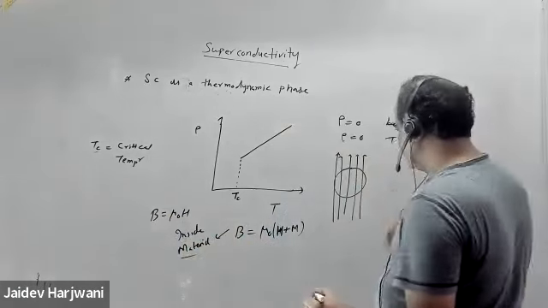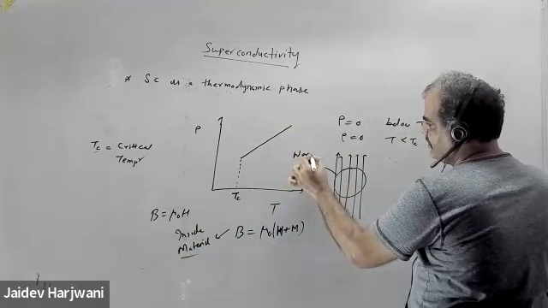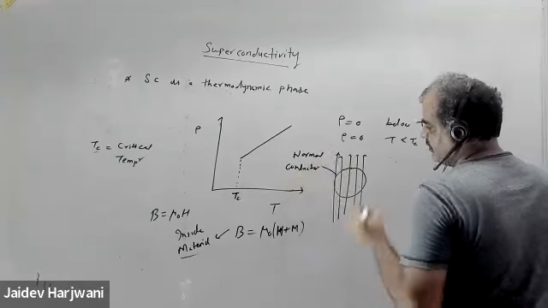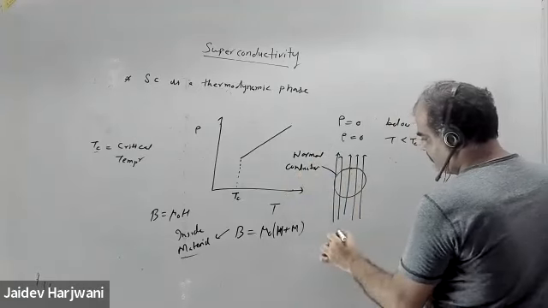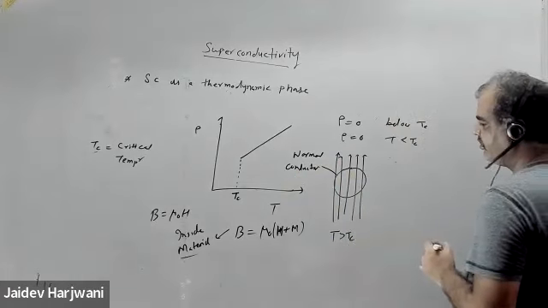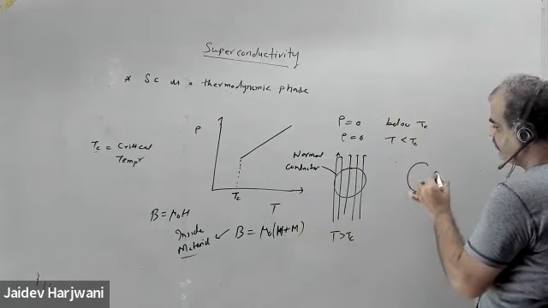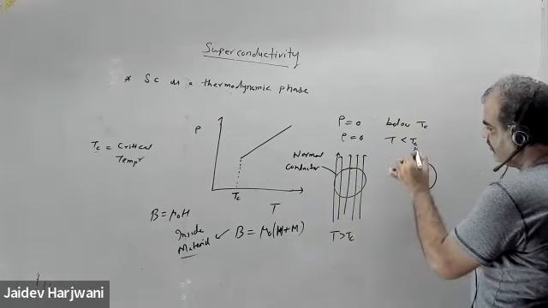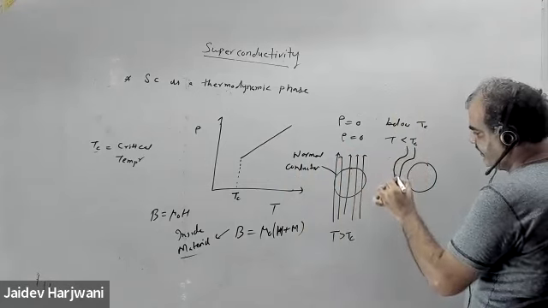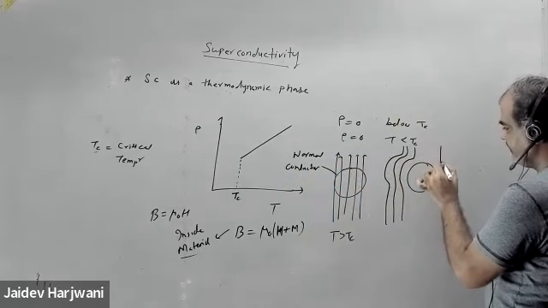Now, this is a normal conductor, when T is greater than TC. Now when you cool this material, what will happen? All the magnetic flux lines which were penetrating inside get expelled.